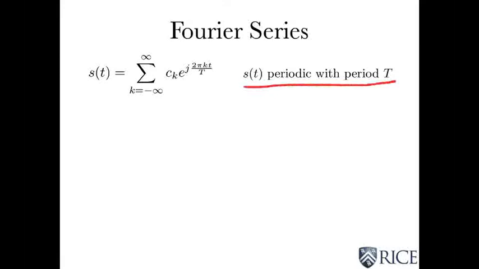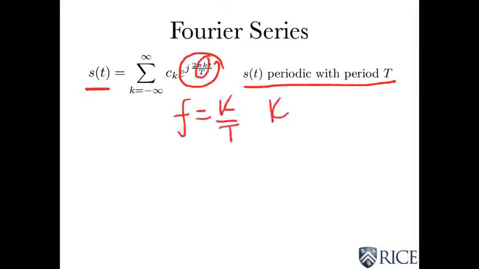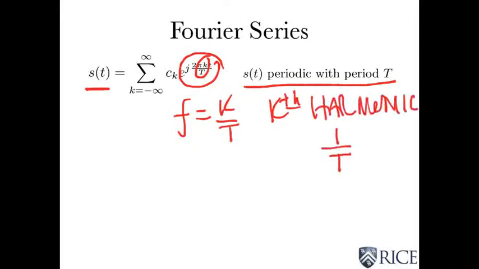And Fourier claimed at the beginning of the 19th century that you could express a periodic signal as a superposition of complex exponentials, the frequency of which was k over T. So this is the kth harmonic of the fundamental frequency 1 over T. So the fundamental is the first harmonic, then there's the second, the third, and the fourth.